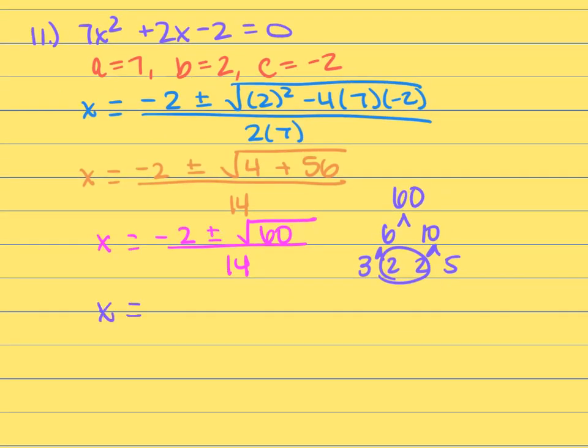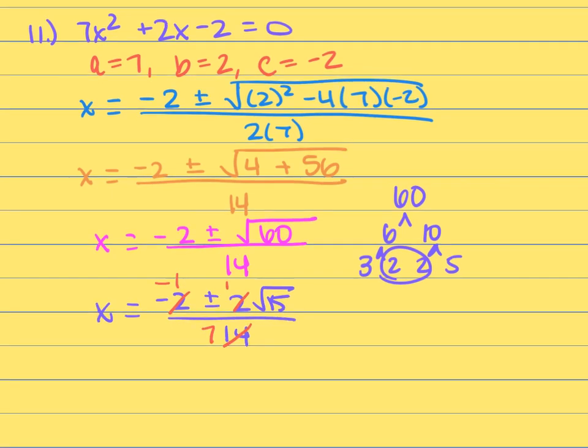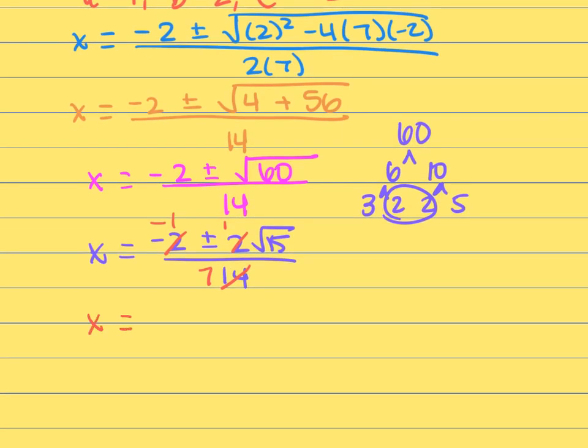So x is equal to negative 2 plus or minus 2 square root 15 all over 14. The negative 2, the 2, and the 14 are all going to simplify. It's going to become negative 1, 1, and 7. So x is equal to negative 1 plus or minus the square root of 15 all over 7.